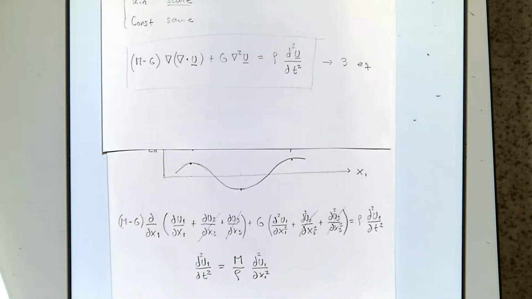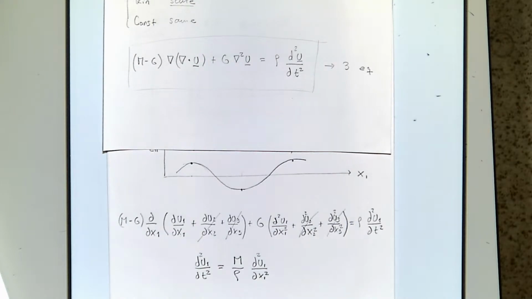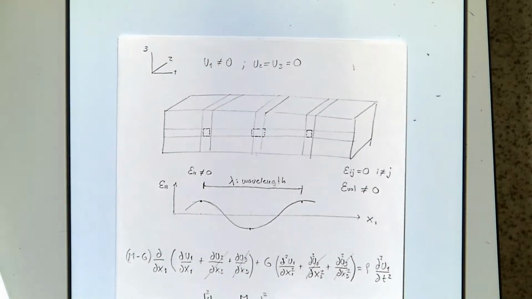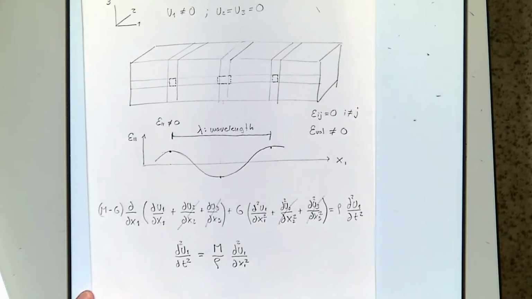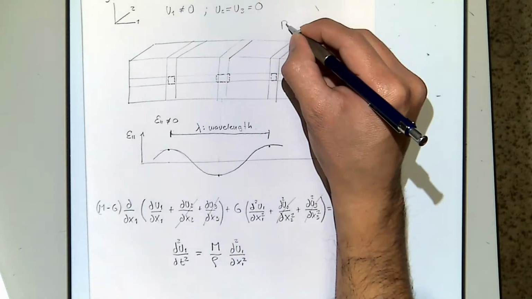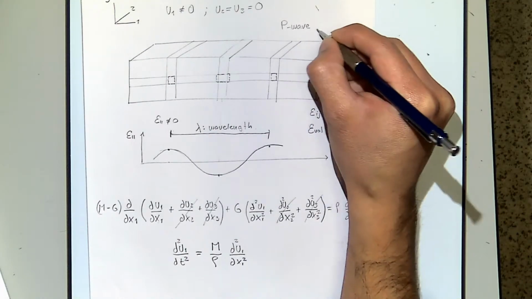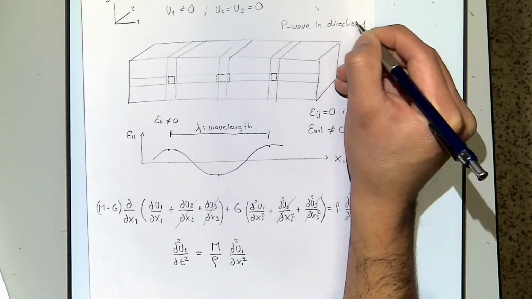And that's the wave equation for this type of wave that by now we can put a name on. This is a P wave in direction 1.